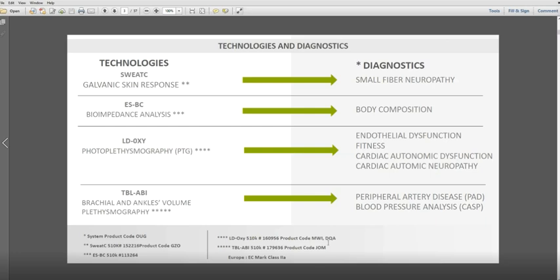The LV-oxy is our pulse oximeter, and our pulse oximeter performs what's called pulse wave analysis, or more technically, photoplethysmography. So what that provides us are diagnostic markers for endothelial dysfunction. It also provides markers of fitness level, cardiac autonomic dysfunction, cardiac autonomic neuropathy.